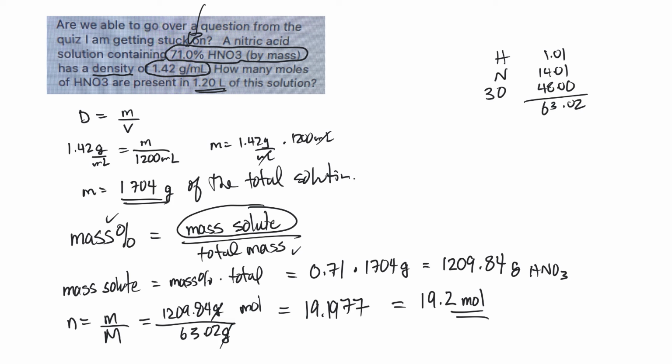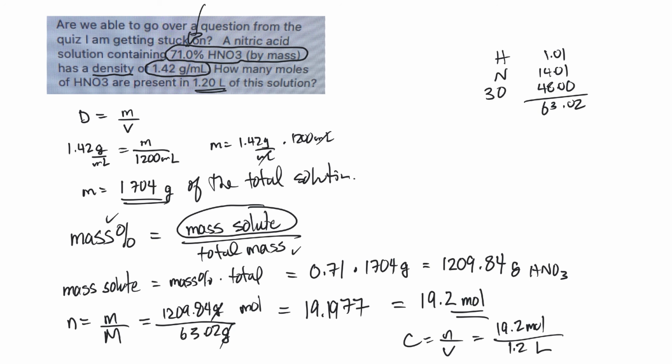If you wanted to figure out the concentration, you could do that too, and that'd be the moles divided by the volume. So the moles are 19.2 moles divided by the total volume of 1.2 liters. Might as well do that. Divide 1.2. That doesn't look right.